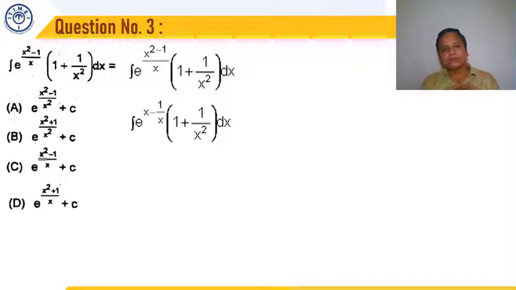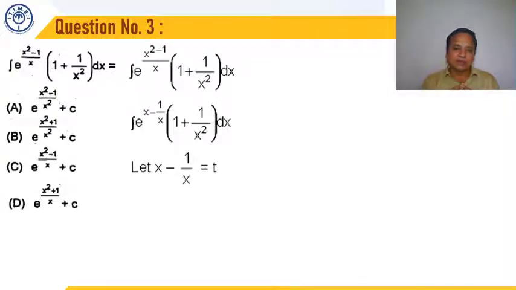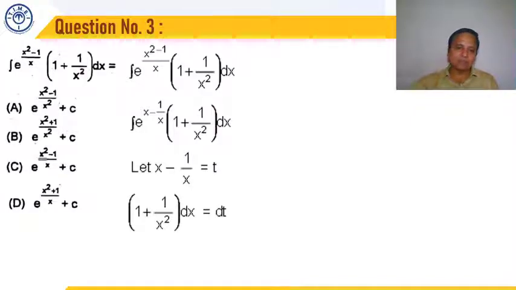If we carefully observe, we had the differentiation of x minus 1 by x present in the expression. So we let x minus 1 by x as t, and if I differentiate, it becomes 1 plus 1 by x square dx is equal to dt.